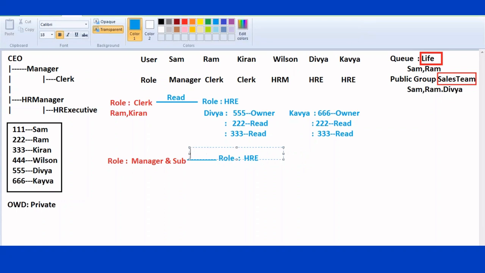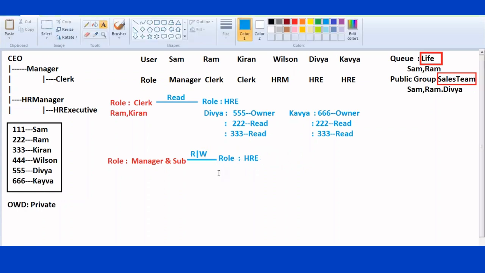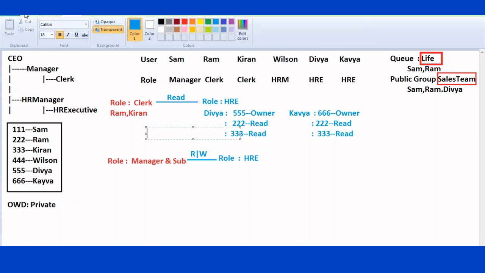All the records which are owned by the users whose role is manager or below manager, share those records with the users whose role is HR executive with the read and write permission.